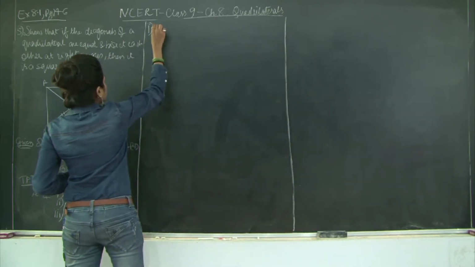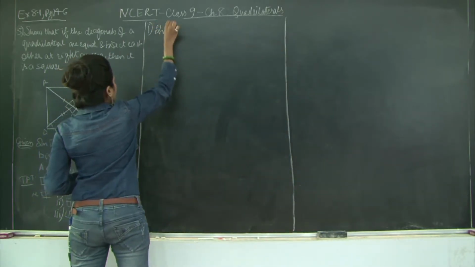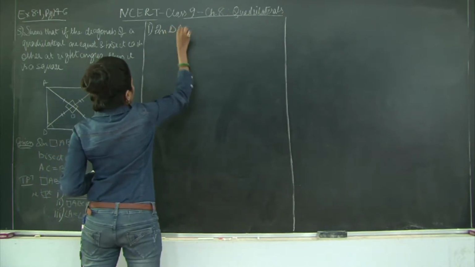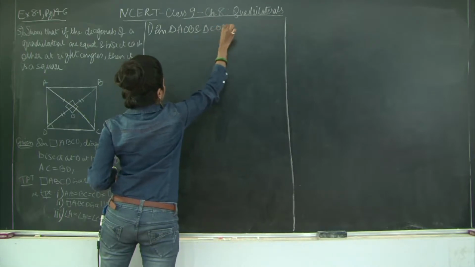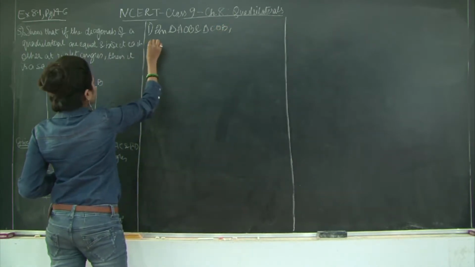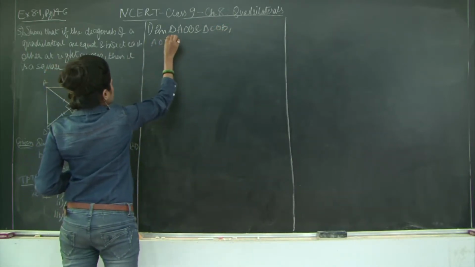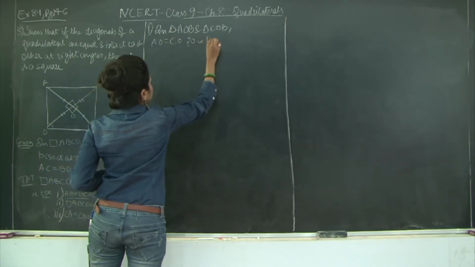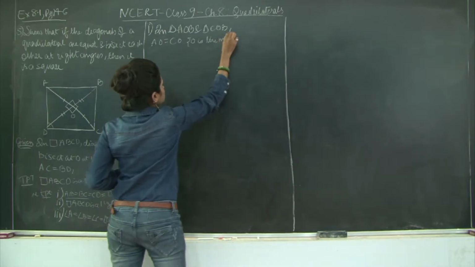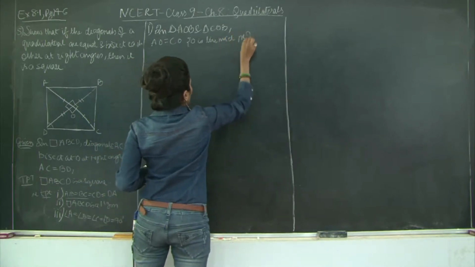So for my first section, I am going to take triangle AOB and triangle COB. I have AO is equal to CO because O is the midpoint of AC.